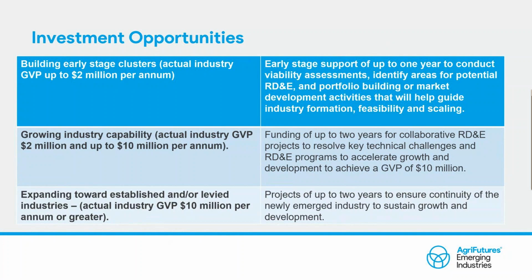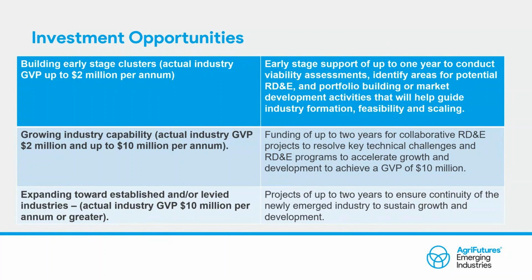GVP stands for gross value of production. We won't have anything for this particular round, but in future rounds, we will have some more information on GVP. But for this particular round, we do require industries to categorize themselves into different GVP categories, and I'll talk about that in a moment.